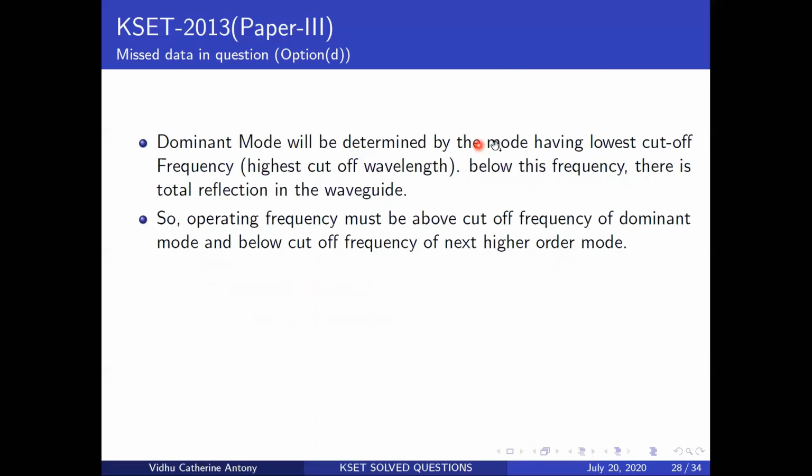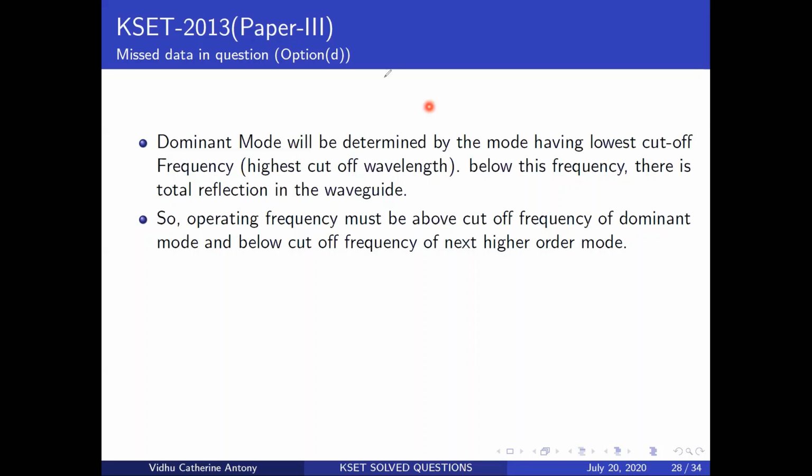The dominant mode is determined by the mode having the lowest cutoff frequency, or in this case, where your options were related to your wavelength, so either lowest cutoff frequency or highest cutoff wavelength. Below this frequency, there is a total internal reflection in the waveguide. So your operating frequency here must be above the cutoff frequency of the dominant mode, and below the cutoff frequency of the next higher order mode.